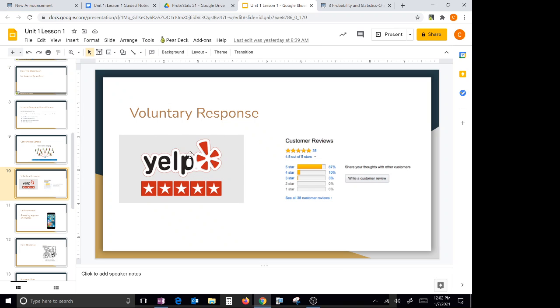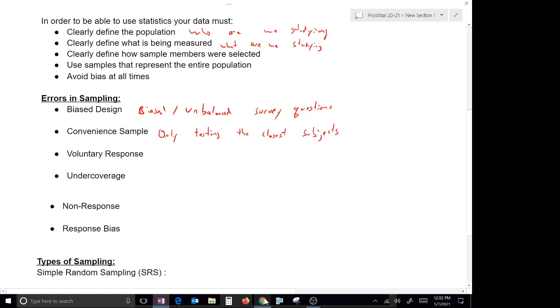Very convenient to do because you don't have to do any work. You just put it out there, and people will fill it out on their own time. But it's very unlikely that you're going to get very good results from that.